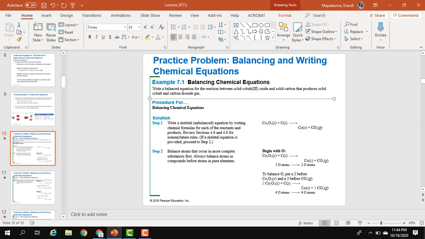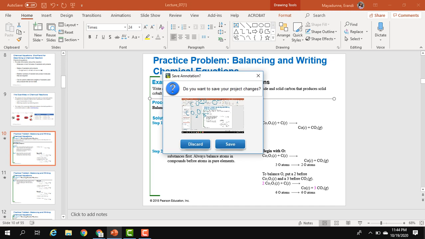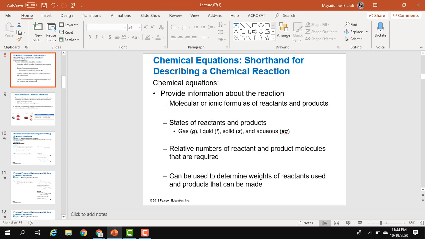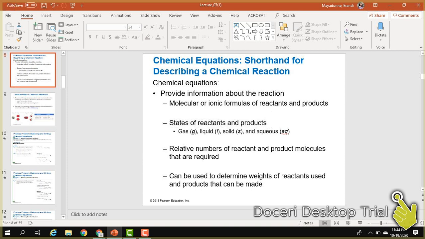I'm getting Co2O3. Let me write it with color.